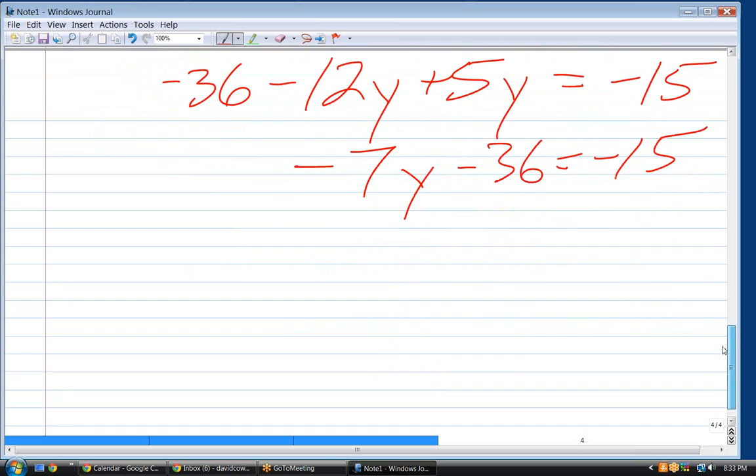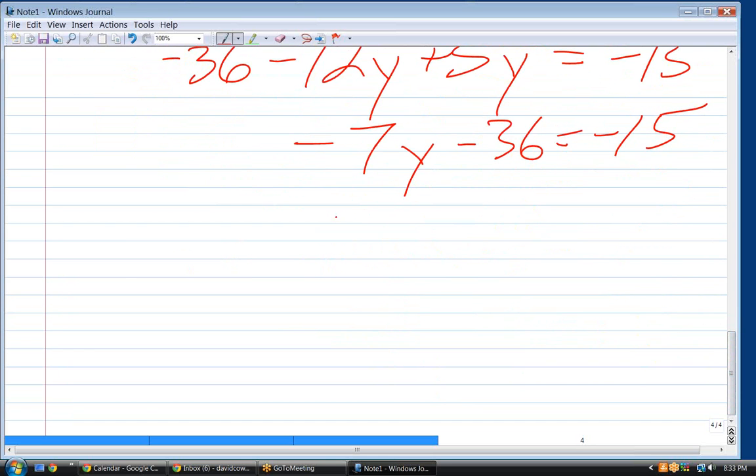Next line? -7y equals 21. Next line. And then y equals -3.